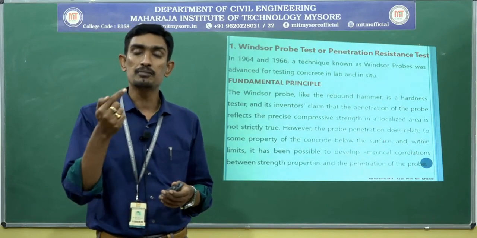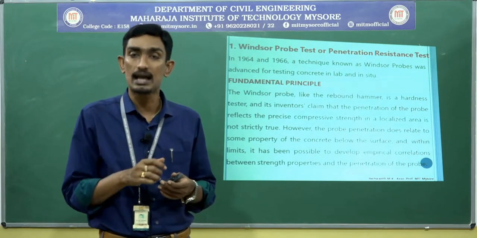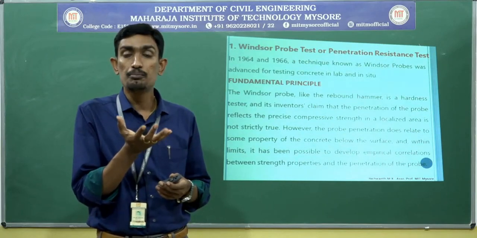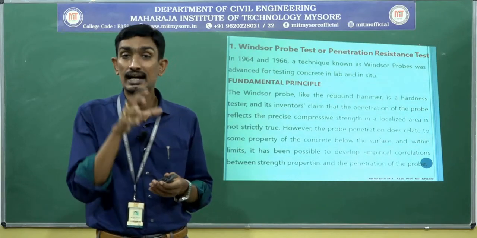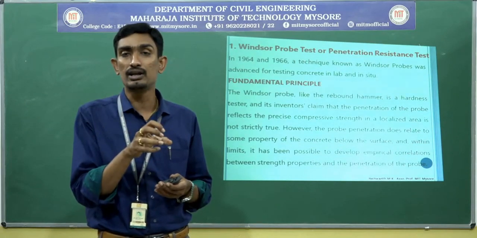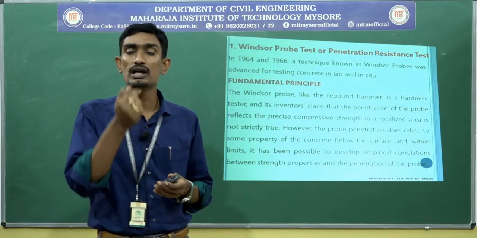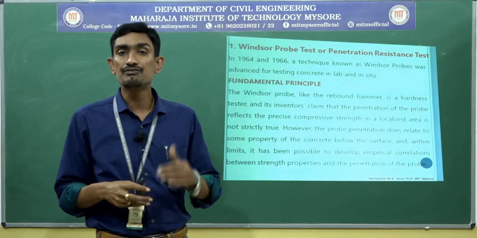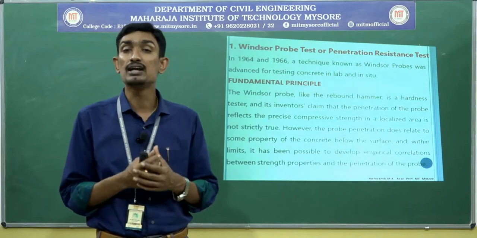For example, if I penetrate the probes inside a reinforced concrete slab, and that slab is strong enough that it will not allow any probes to penetrate inside, that clearly indicates the strength of that slab is good, because it is not allowing the probes to enter the reinforced concrete member. Is it clear? So, that is the fundamental principle.